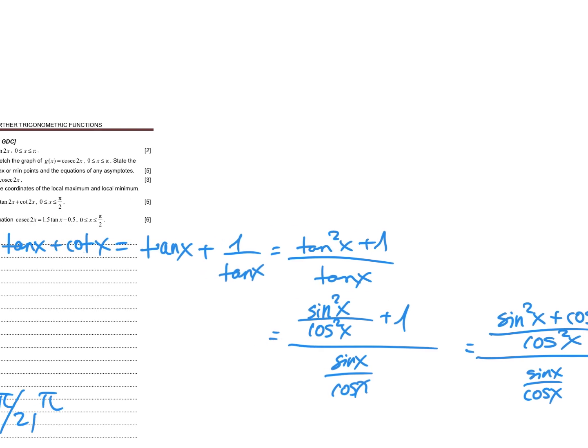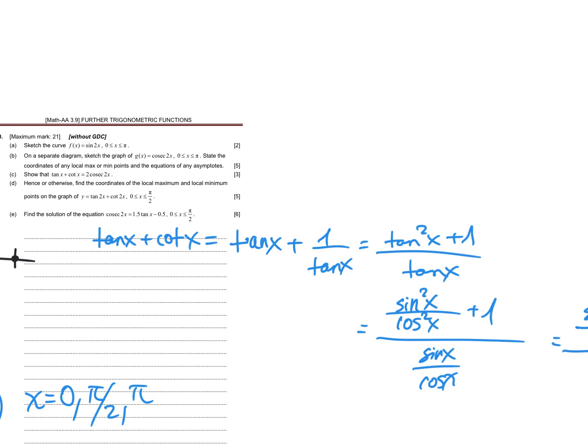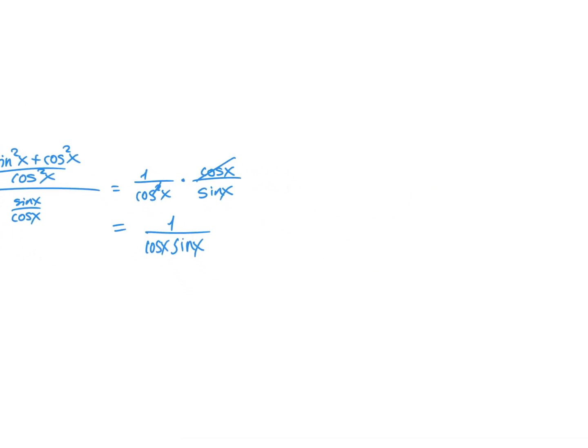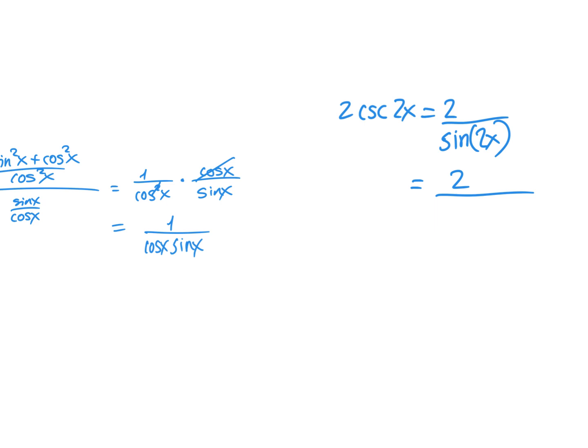So just looking back to what we want this to equal: 2 cosecant 2x, which is 2 over sine 2x. See what we're doing here? We're going to work backwards. So 2 over 2 sine x cosine x, right?